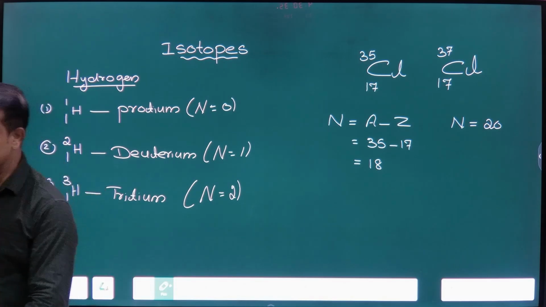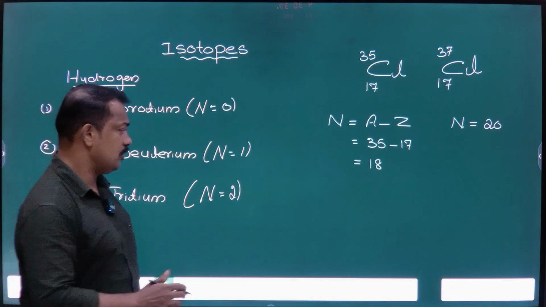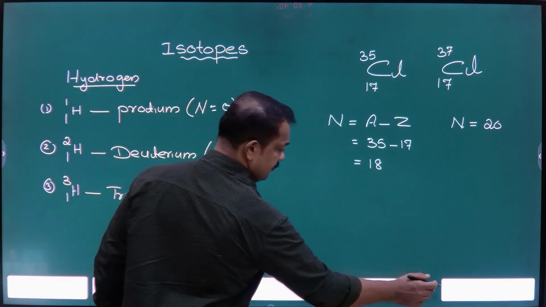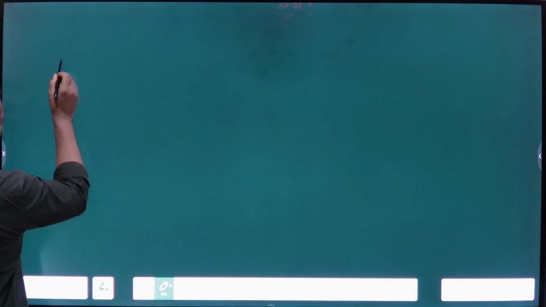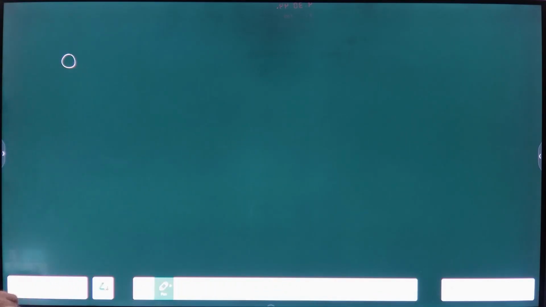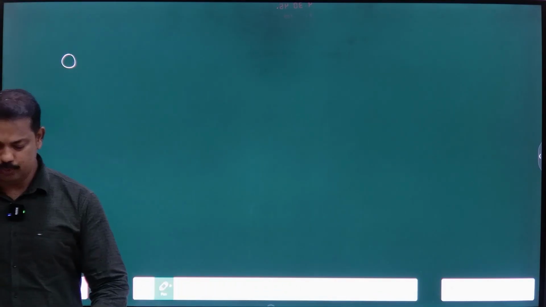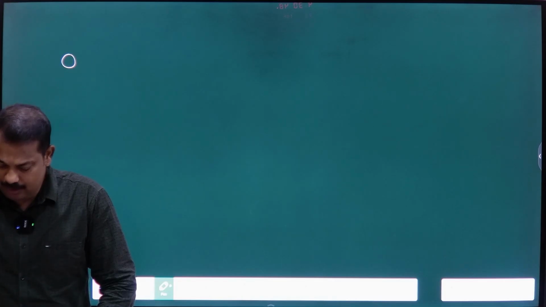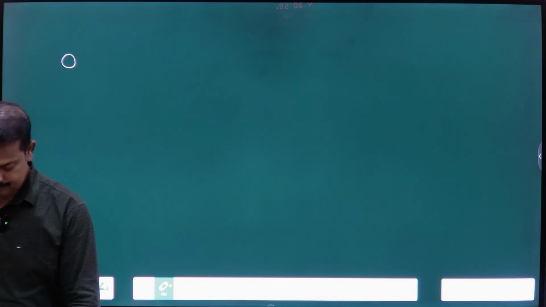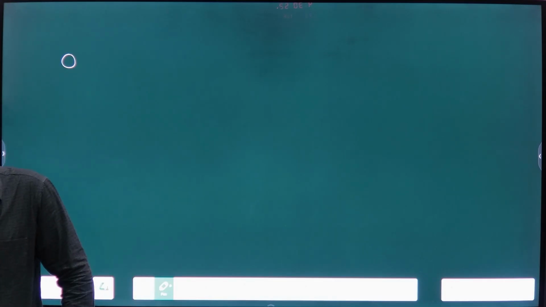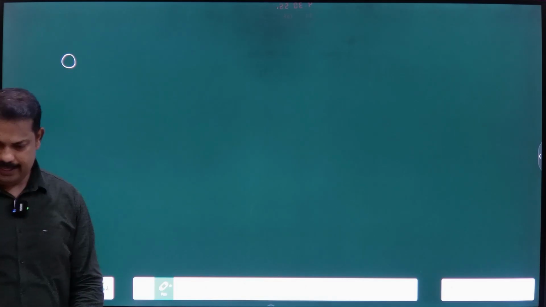And the different isotopes of oxygen. The atomic number of oxygen is equal to 8.